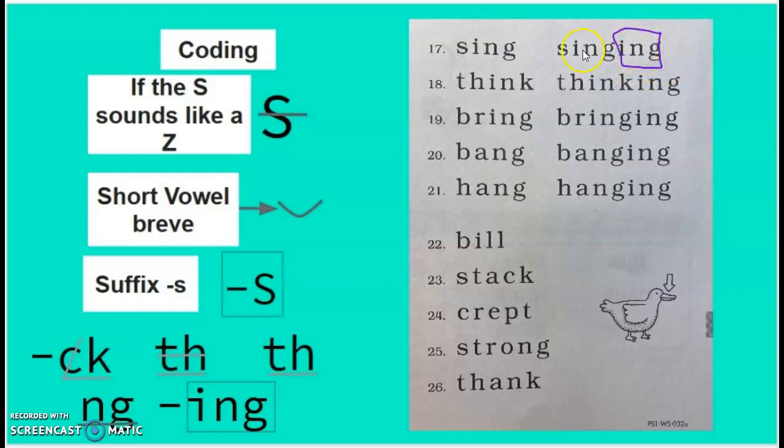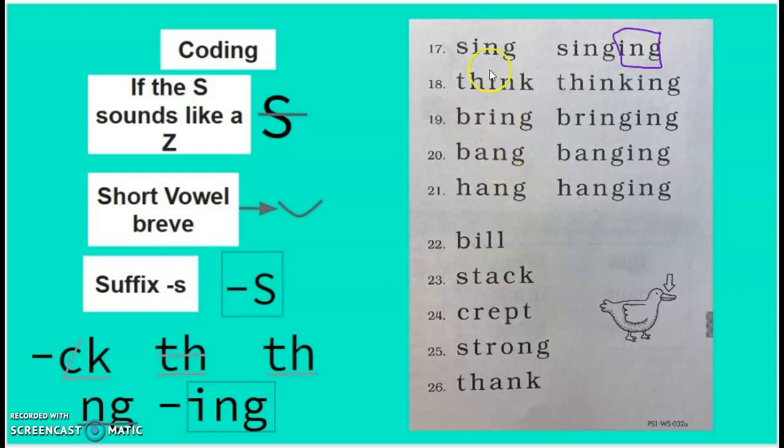It can be confusing because this has ing, but it's not the end of our word. It's not an add-on to our root word. It's part of our root word, sing. We're not talking about singing, sang. We add a box around the ing on singing because we're adding a suffix.